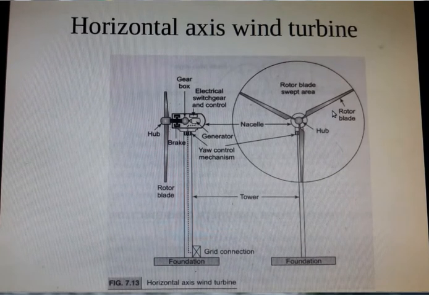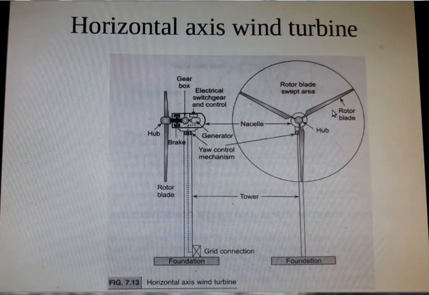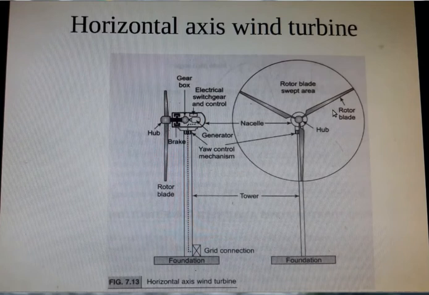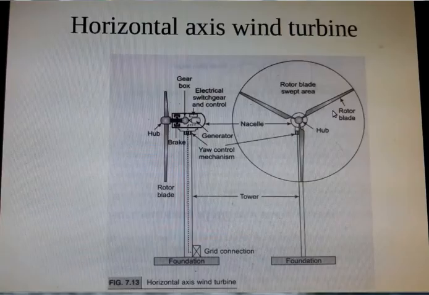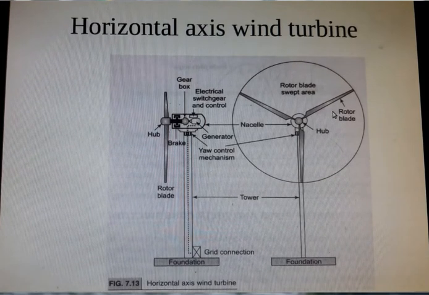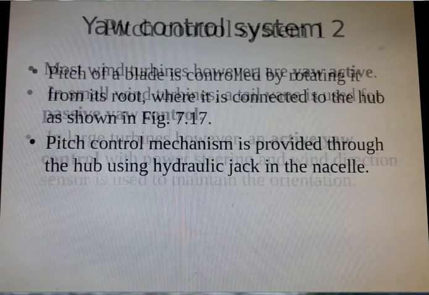If we want to rotate the rotor with reference to its axis, it is called pitch control. This pitch control is used for controlling the speed of the wind turbine.